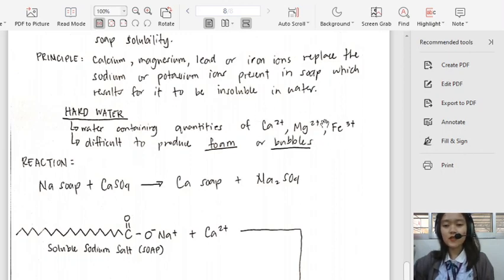So, nangyari doon, the magnesium, the calcium, or other cations will replace the sodium and potassium on your soap. Kaya, hindi na nadidissolve yung salt sa water. Okay? Sa tubig ulan. Kaya, madulas kapag pinapaligo mo siya.